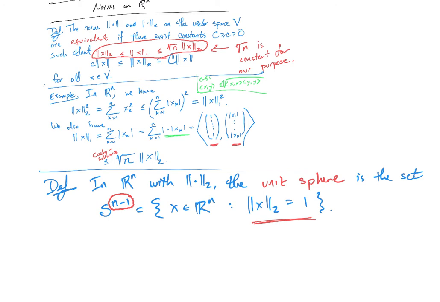I guess if you live on the sphere, then that's a two-dimensional space to you. Exactly, yeah. Or, the fancy word is that the unit sphere in Rn is an n minus 1 dimensional manifold. Now, we're not going to get into that. I just want to note the notation that we're using.